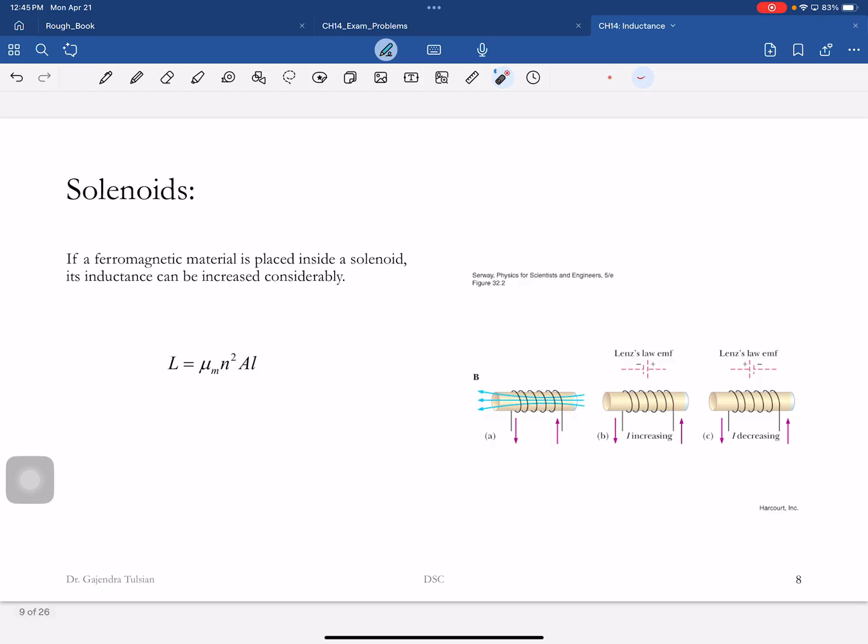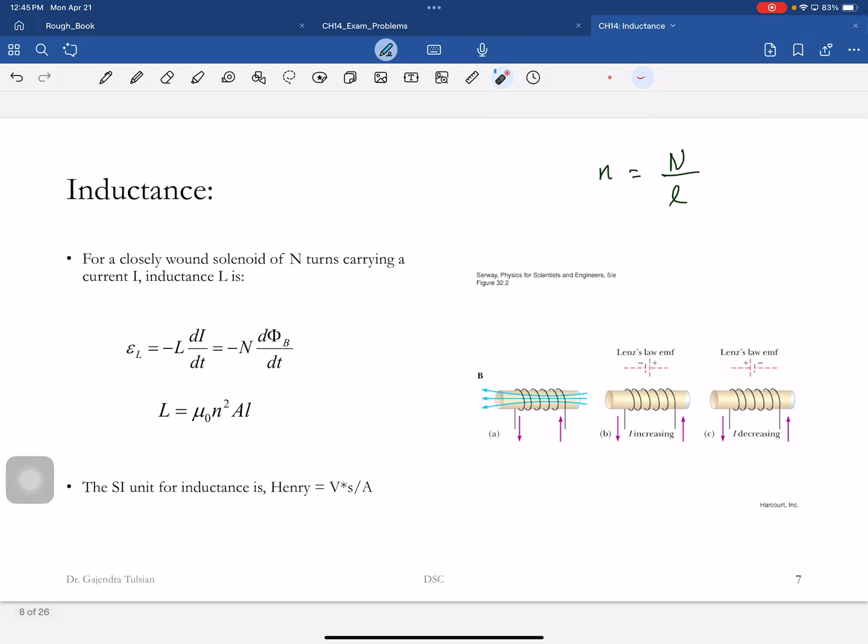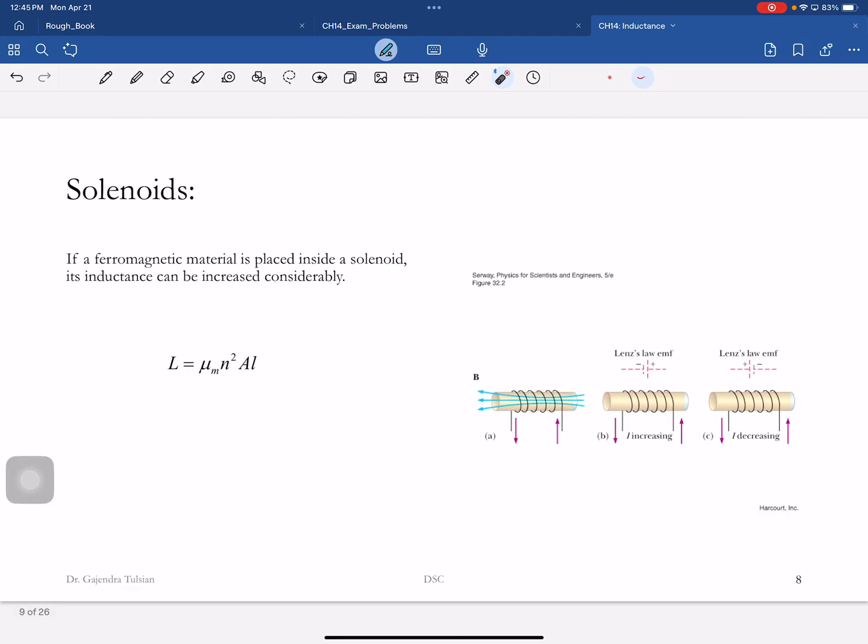Oftentimes you want to increase the value of the inductance of a coil, and you can do that by filling it with a magnetic material. When you fill it with a magnetic material, the permeability of free space is replaced by the permeability of the material, and you can increase it by a factor of 100 easily.